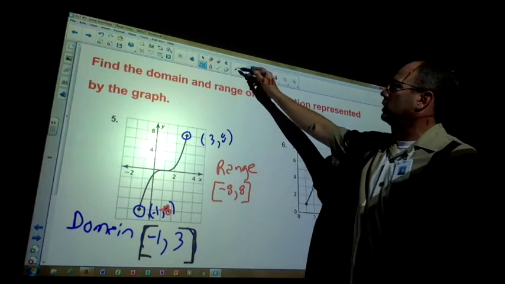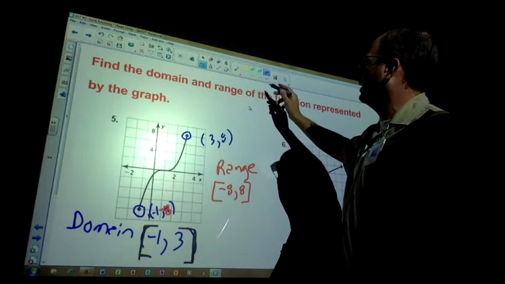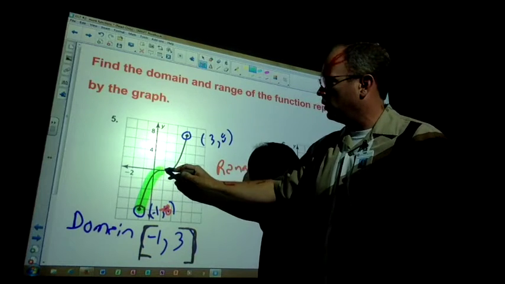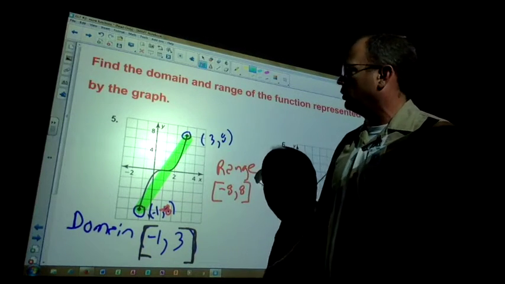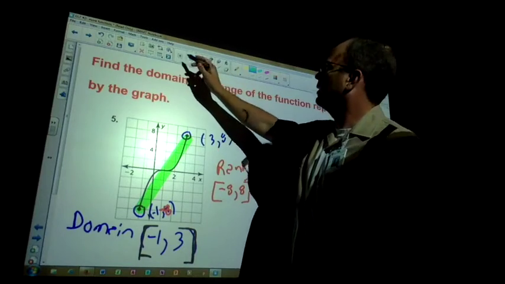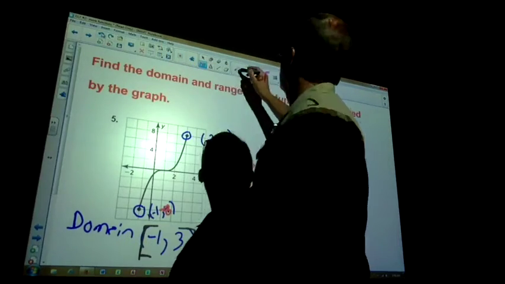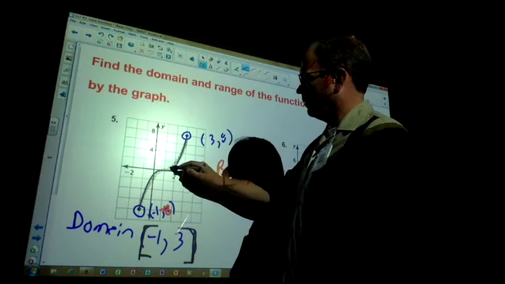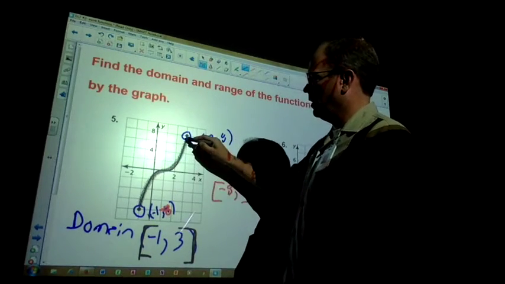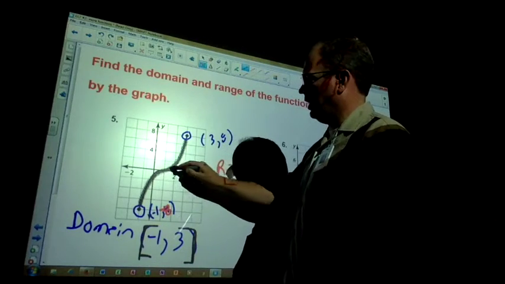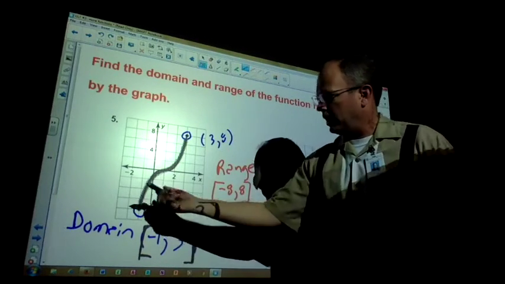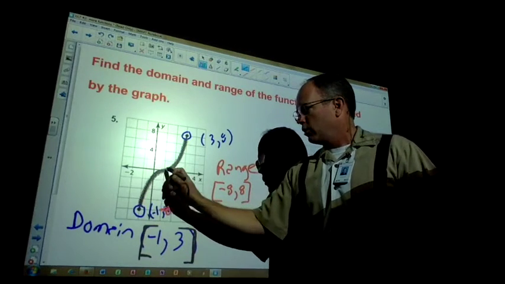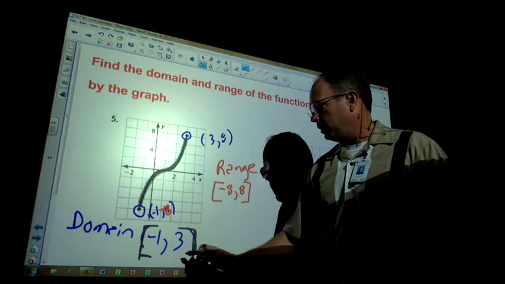So those of you saying you don't get this, look real quick. Let's go with a highlighter. Okay? So if I start here, this graph goes all the way through in the x direction. Oh, shoot. Darn it. I didn't want that. I knew I should go to the crayon. This graph continues in the x direction as I travel in my domain from -1, starting here, to positive 3.